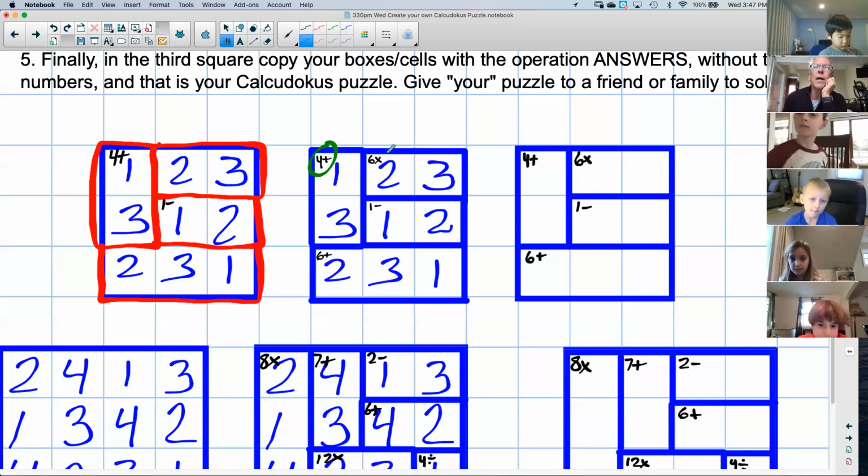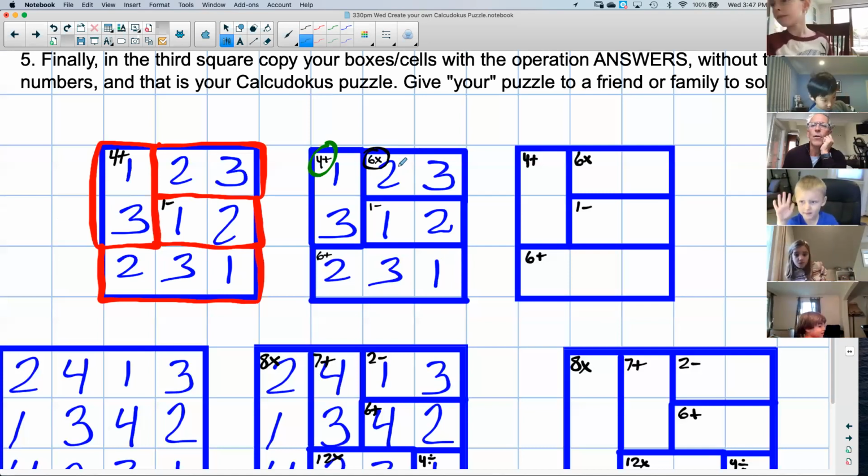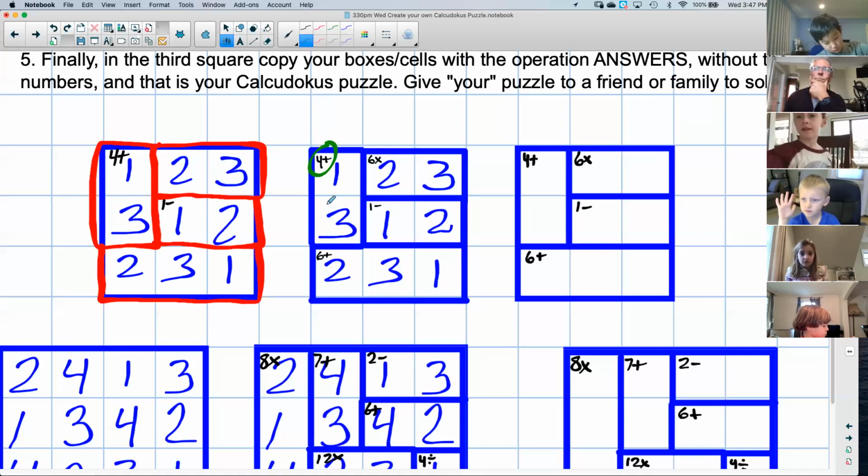Now, who can tell me why I put the 6 times in the box with the 2 and the 3? And Jeremy? Because 2 times 3 equals 6. And were you going to say the same thing, Brennan? Awesome.